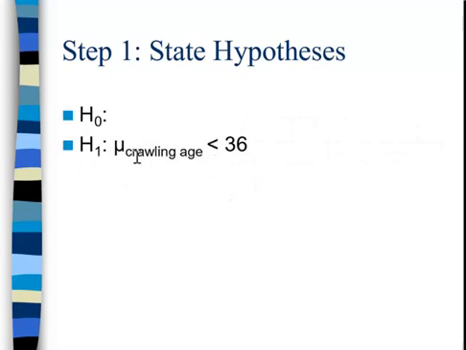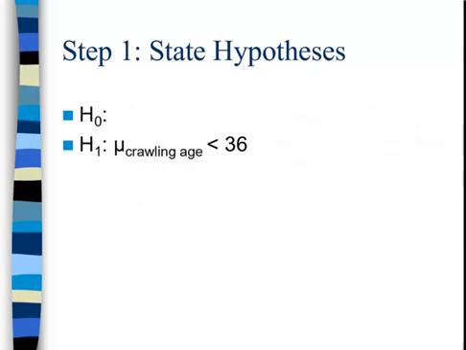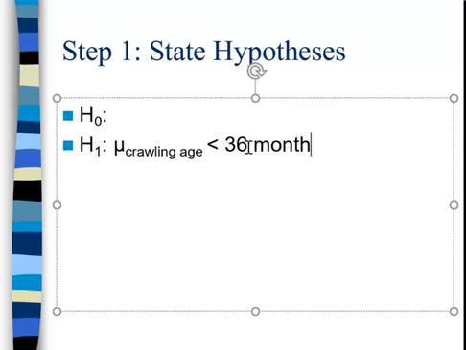And your operator that comes after your mu and descriptive term of the dependent variable needs to reflect whatever that prediction is. So in other words, it would be less than. And that should always be followed with whatever the mean of the population is. In this case, here it is right here. The mean is 36, right? So our alternative hypothesis is that our sample mean should be less than our population mean of 36 months. And you could even say 36 months after this. It's fine.